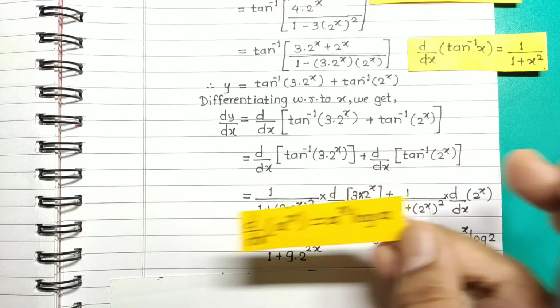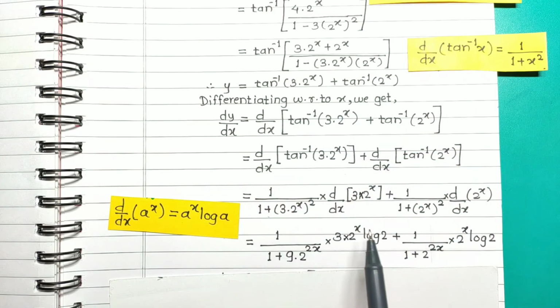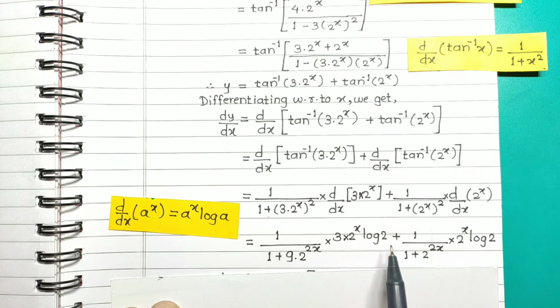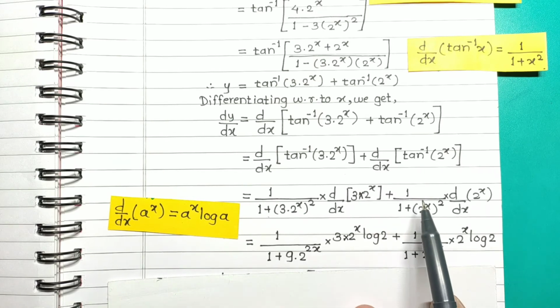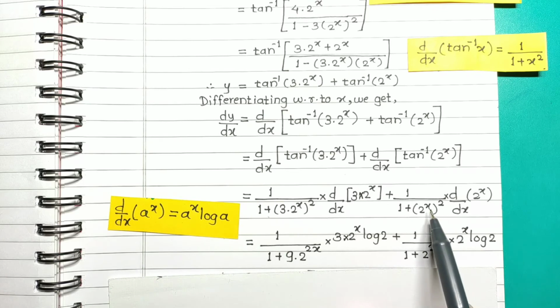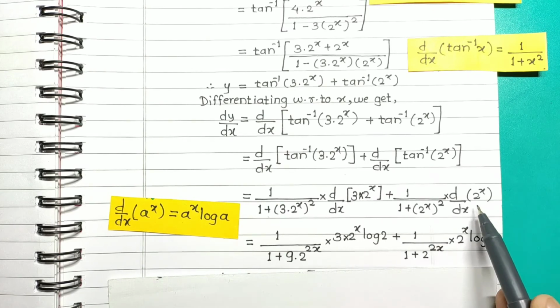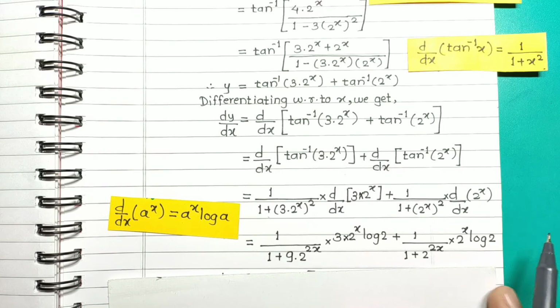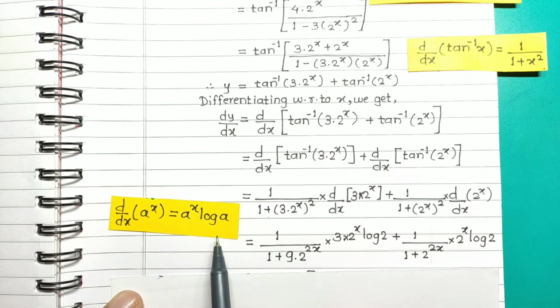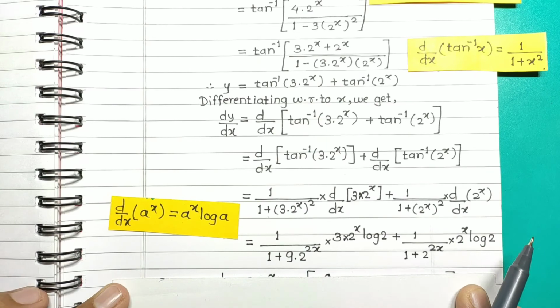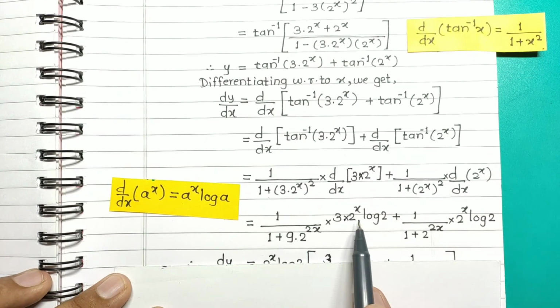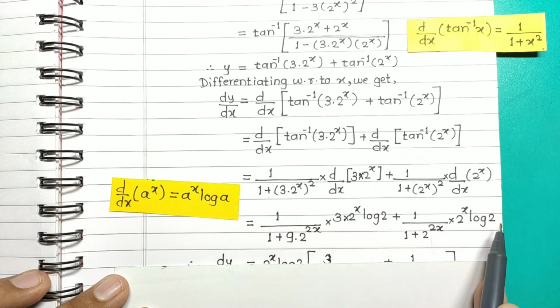So using this result, we have the derivative of 2 raised to x as 2 raised to x into log 2, and here it is 1 upon 1 plus 2 raised to 2x into the derivative of 2 raised to x, which is 2 raised to x into log 2. So we have used this standard formula here. Then let's take this term common, 2 raised to x into log 2.